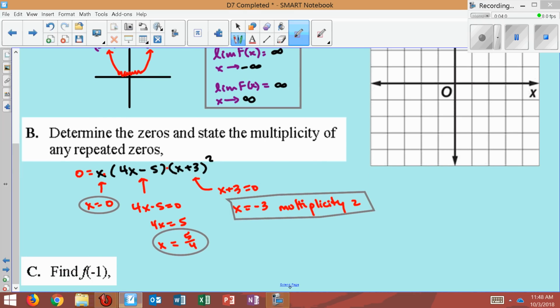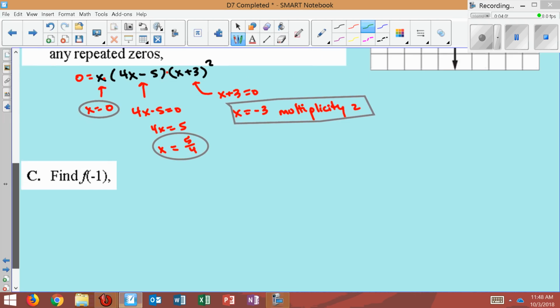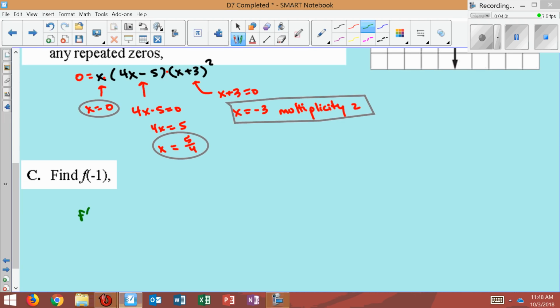Now part C says find f of negative 1. So I take this same equation, and to find f of negative 1, I plug in negative 1 all the way across for x. Or you could do synthetic division with the value of negative 1 as well, but I'm just going to plug this in. Okay, so do a little PEMDAS here.